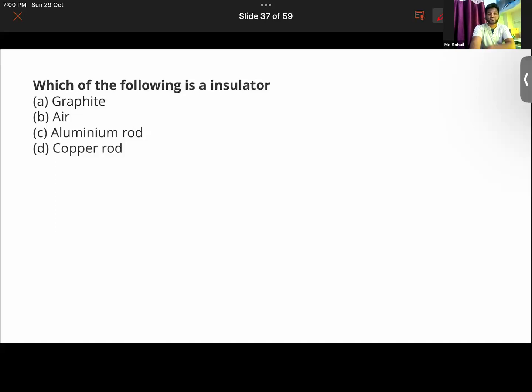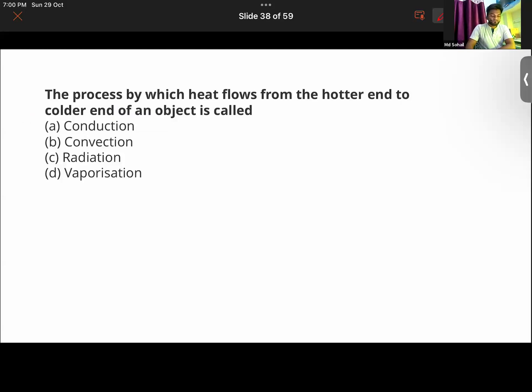Which one is an insulator over here? B, air. Obviously air, right? While graphite used in pencil, or the aluminum rod or copper rod, these are all examples of conductors.